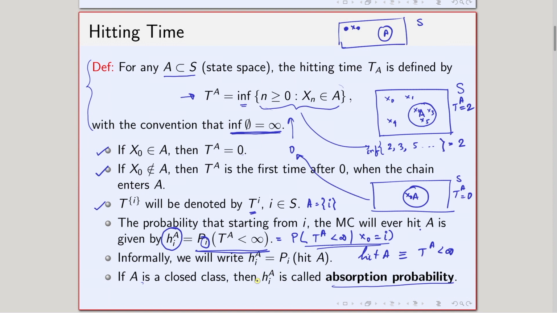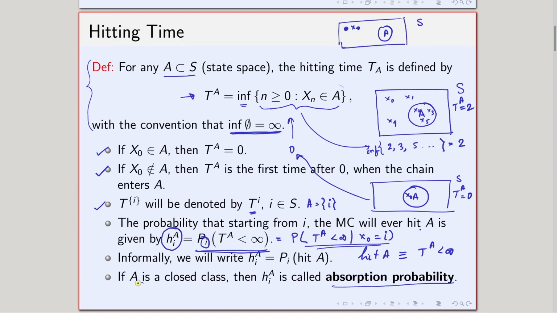And if I try to find the probability of hitting a closed class, that is generally called the absorption probability, because once I am inside this class I will not come out of the class. So once the chain has entered the class, the chain will be absorbed into that particular A forever. It will never leave A in future. It will be inside A forever. So it is as if the chain is absorbed into the set A, and that's why if A is closed, this probability h_iA is called the absorption probability.